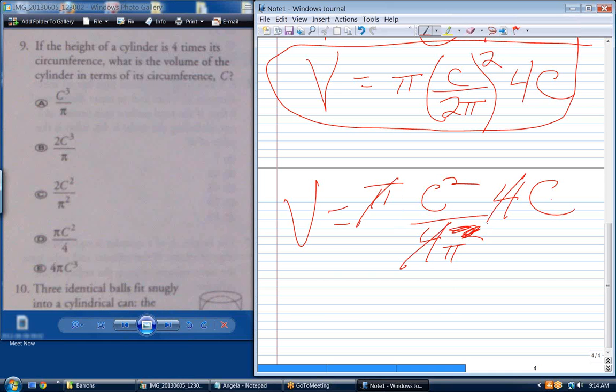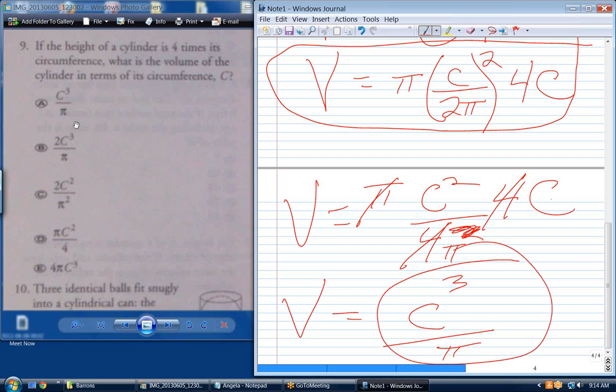Can eliminate that 4 and that 4. So what do we have left? C cubed over pi. A. Good with that? Yes. All right.